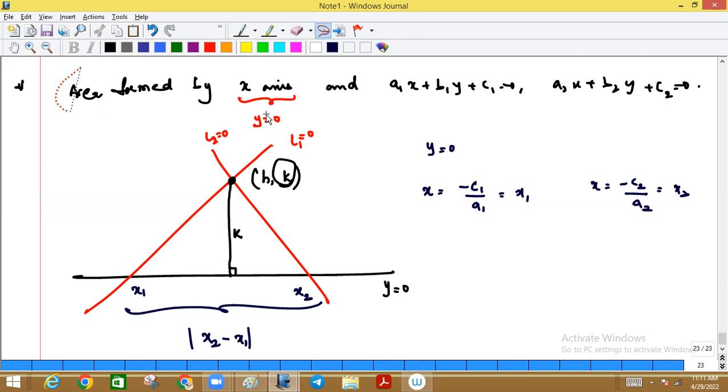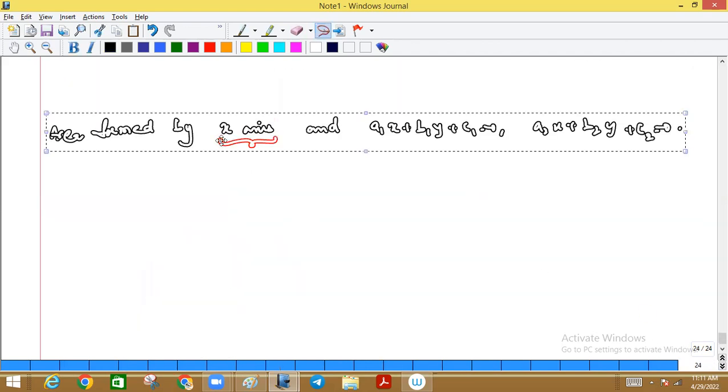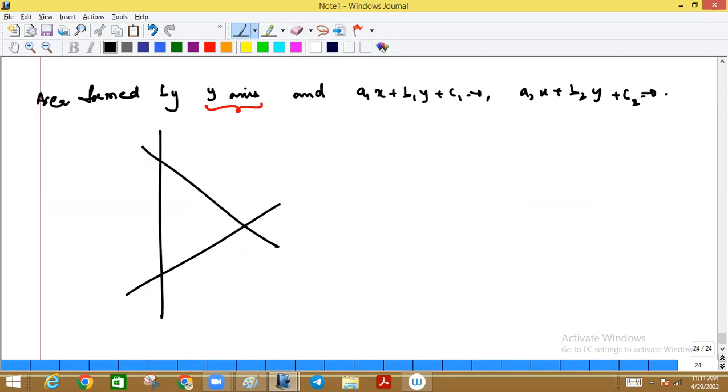The same thing if I say the area formed by the y-axis and these two lines. I'll take it as line 1, line 2. You get y2, you get y1. Distance between them is mod y2 minus y1. This is the base.